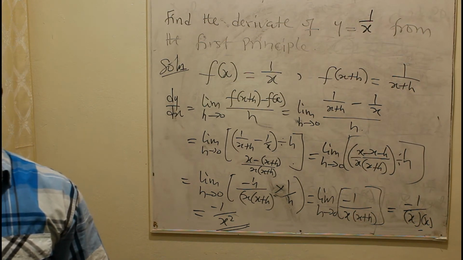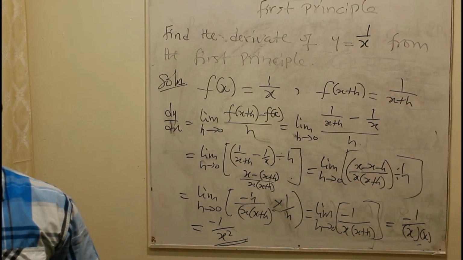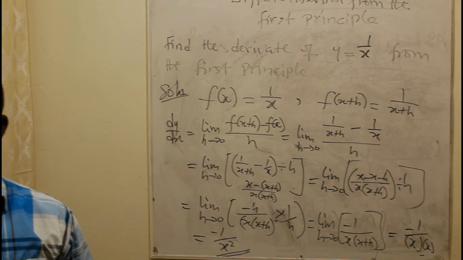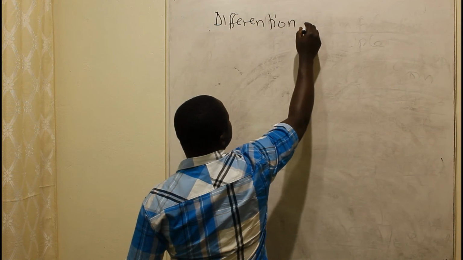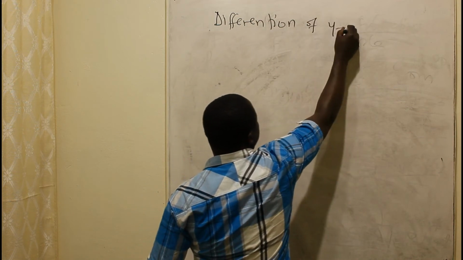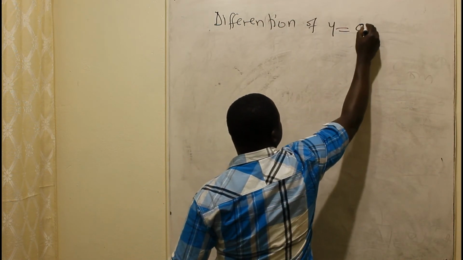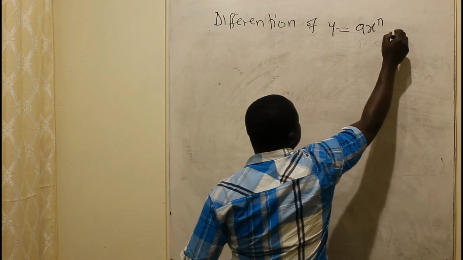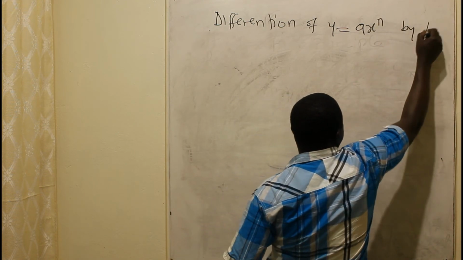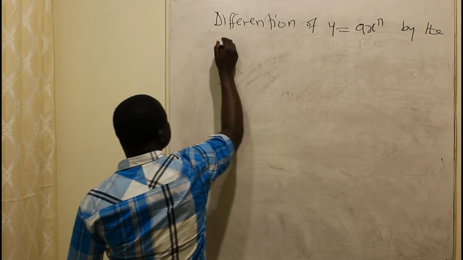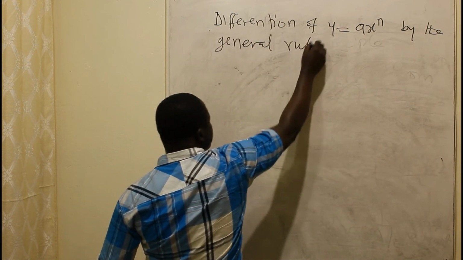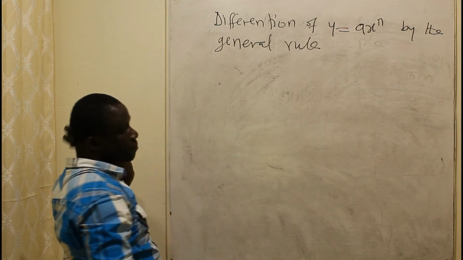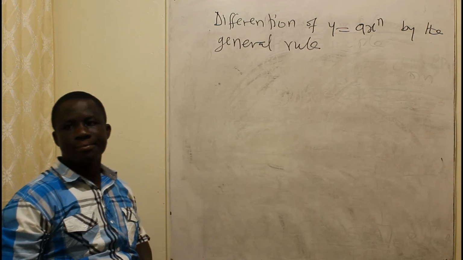We are going to try a third example of y equals ax to the power n, by the general rule. Good.